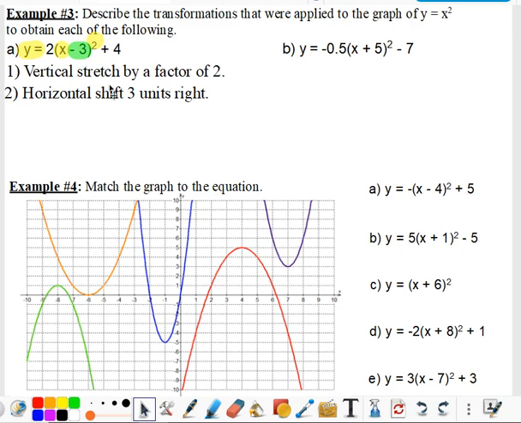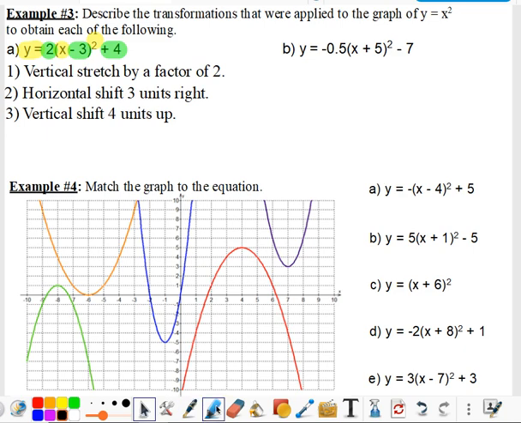And last but not least, this plus 4 at the very end here, it's really nice because that's our k value. It's a vertical transformation. And what that means is this is a vertical shift 4 units up. And that's that. A very, very important skill to develop.